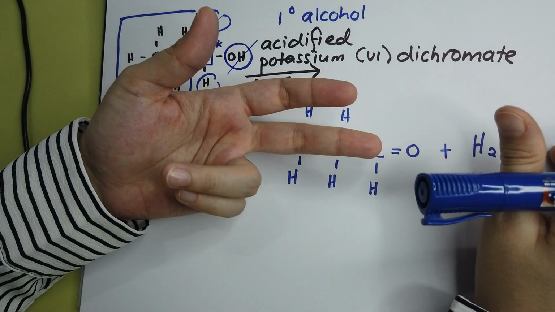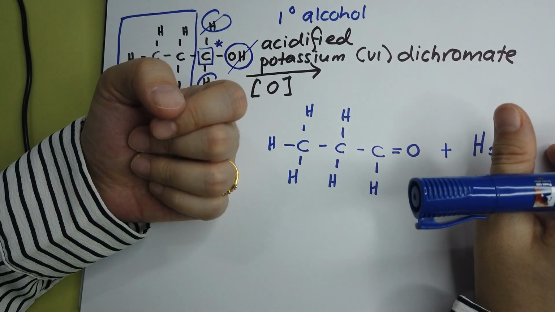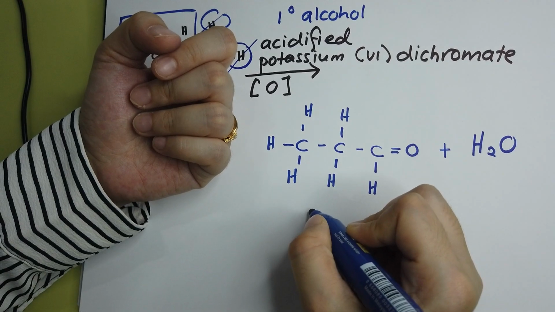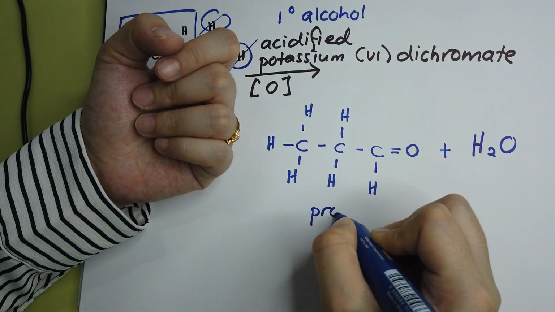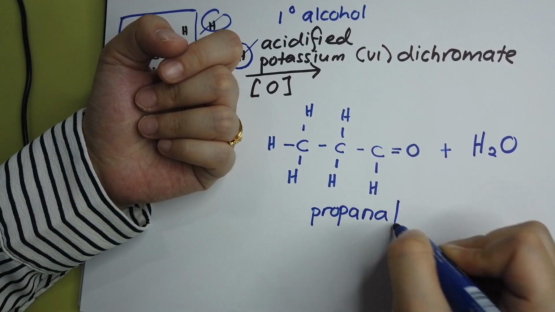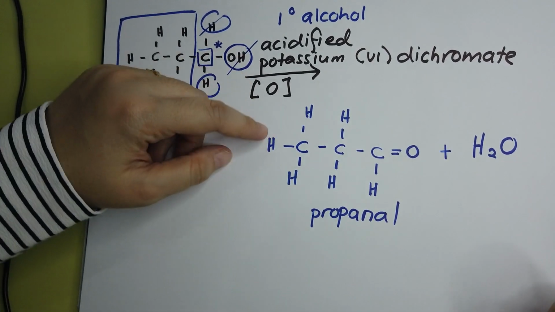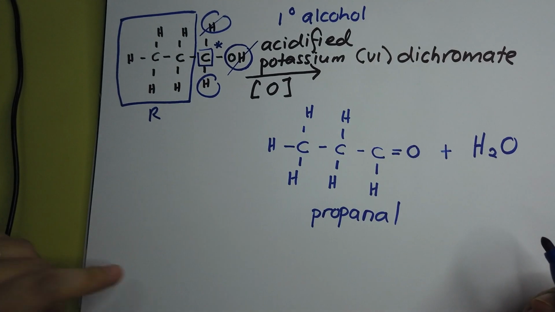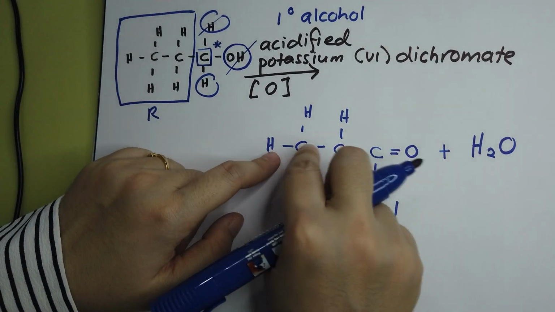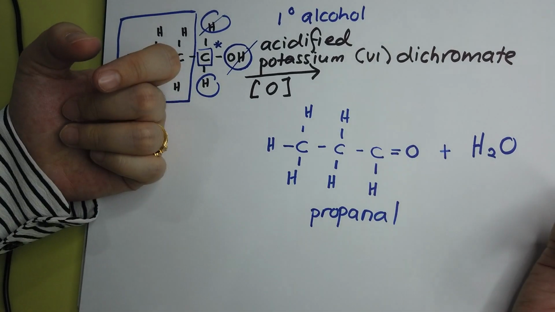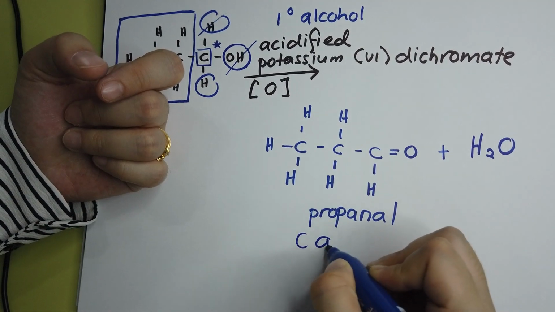So the ol, you are going to change it to al. So instead of propanol, it becomes propanal. Prop because of the 3 carbons, and al because it is an aldehyde.